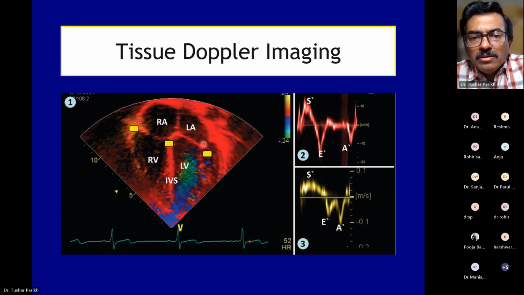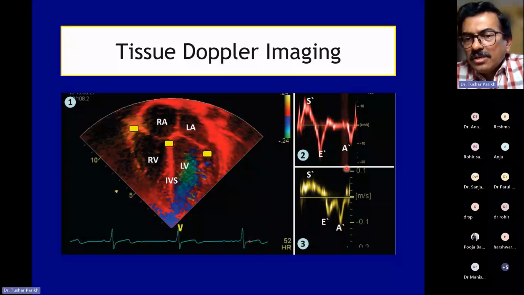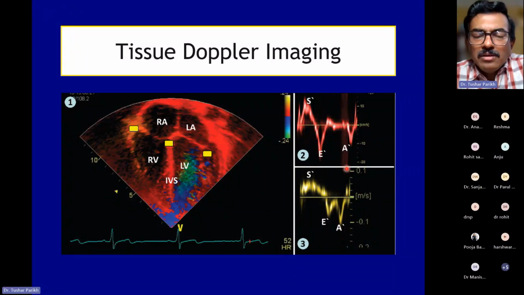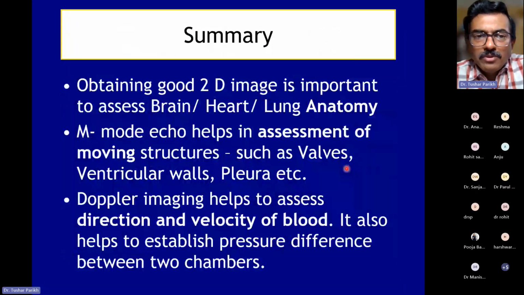Similarly on the mitral annulus you can do, and this will indicate the diastolic function of the heart. So tissue Doppler is a good modality to understand the diastolic function of the heart. But again, as I said, this comes into advanced functional echo, so we will not touch upon this. But something called tissue Doppler is also there that we are doing.